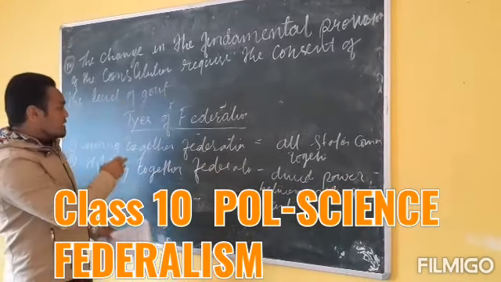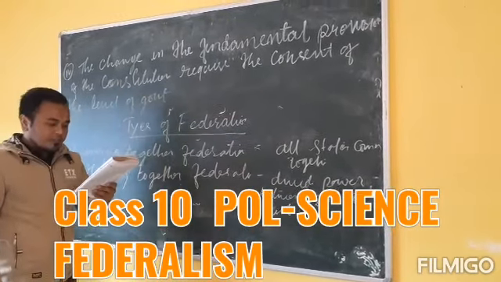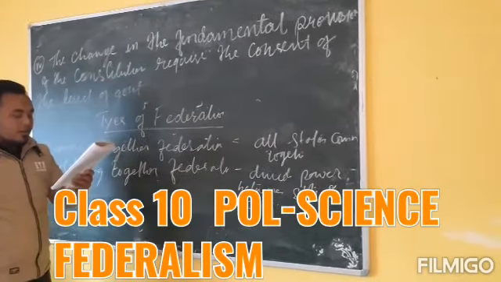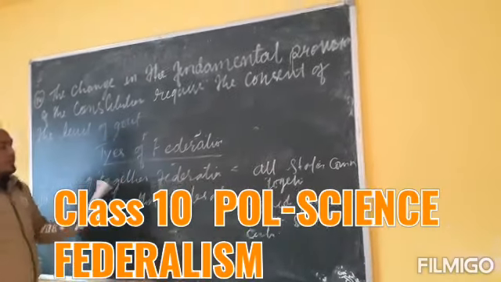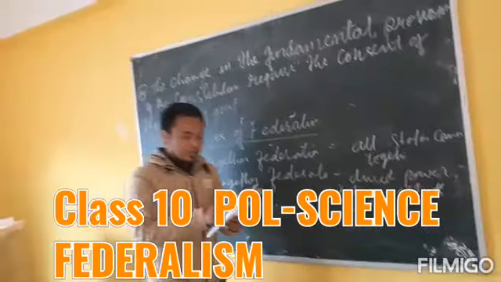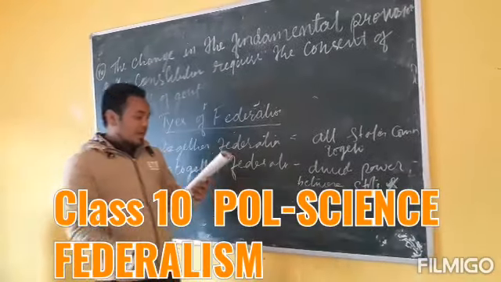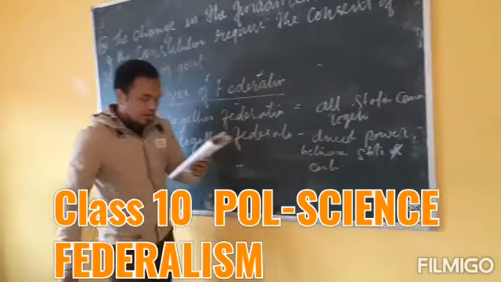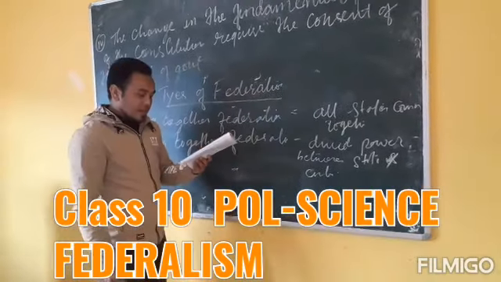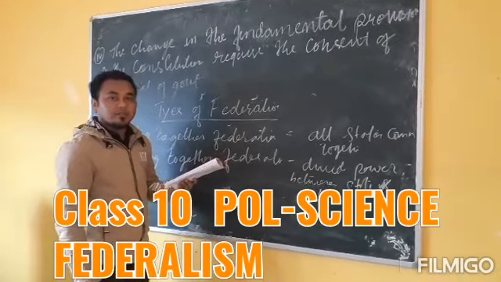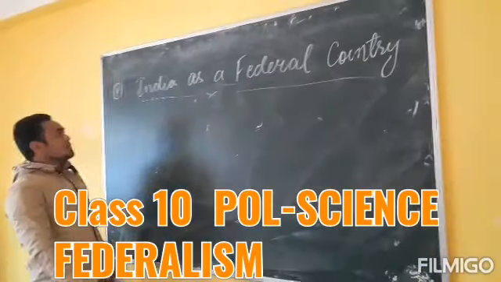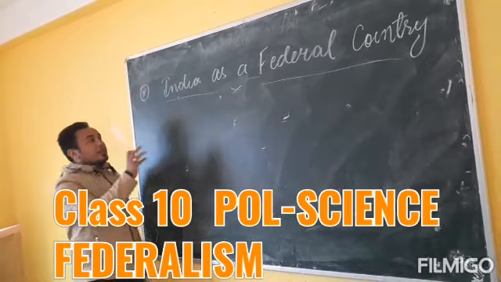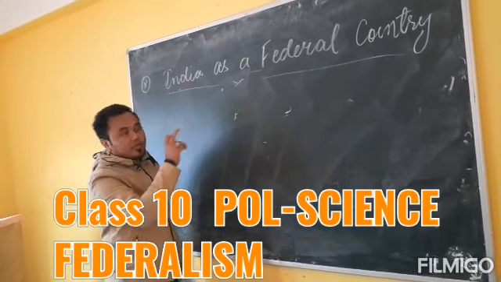For example, you can write that the countries following coming together federalism are USA, Switzerland, and Australia, and the countries following holding together federalism are India, Belgium, and Spain, etc. Now students, the next important topic in this chapter is India as a federal country.